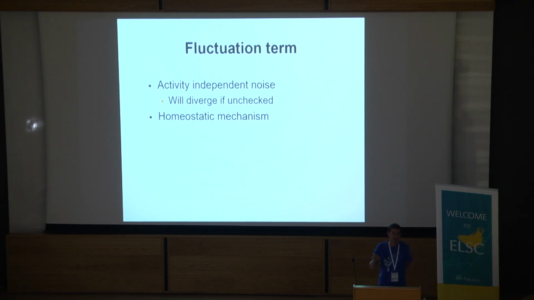You always have things that control and make sure that relevant variables are in reasonable ranges and nothing explodes. And basically what homeostatic mechanisms need to do is to stabilize the system, to make sure things don't explode. And most of what I will talk about is just the consequence of this.